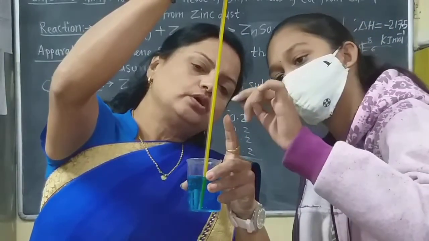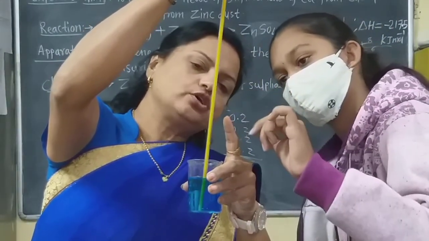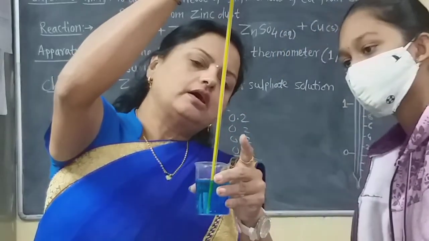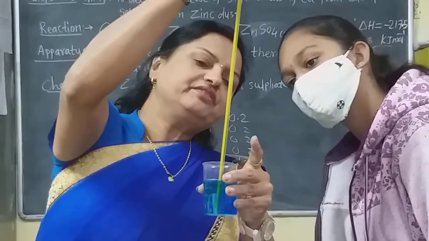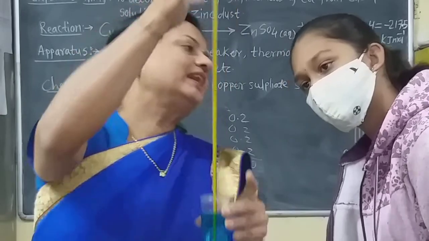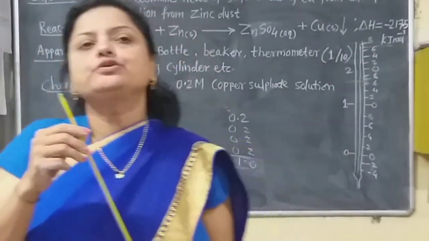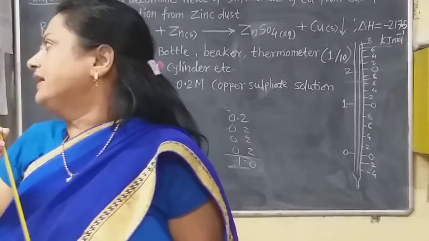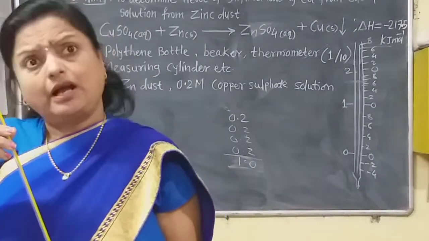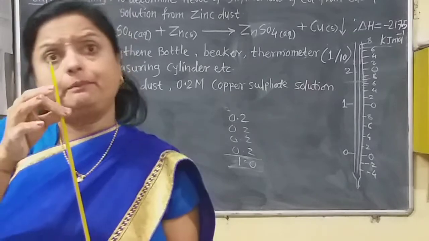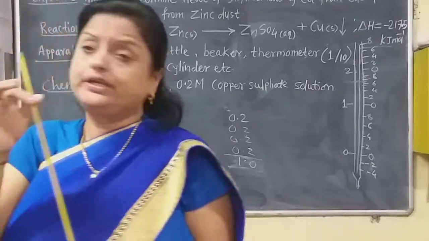Here 2 and here 0. Is there 2 and 0? And about that 6 and 8. In between 6 and 8 up to the 5th line, that mercury. Do you want to see the temperature anyone again? We will see later the practical. All of you have been given this thermometer.